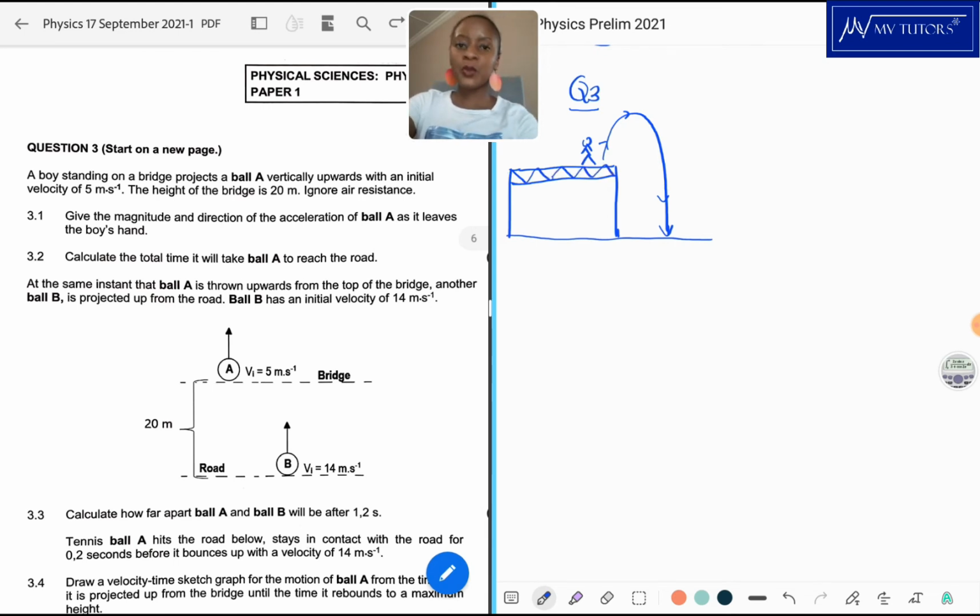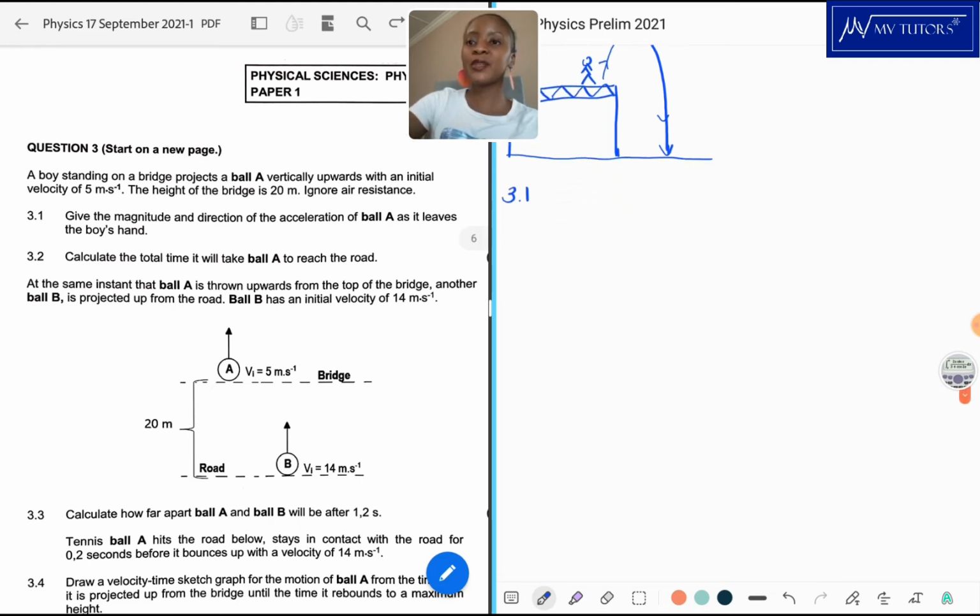Now 3.1: give the magnitude and direction of the acceleration of ball A as it leaves the boy's hand. We know that with vertical projectile motion, the acceleration that affects your projectiles is gravitational acceleration, and the magnitude of that is 9.8 meters per second squared.